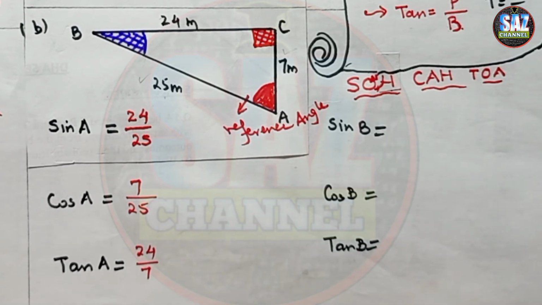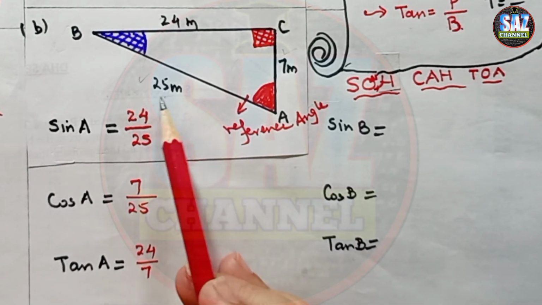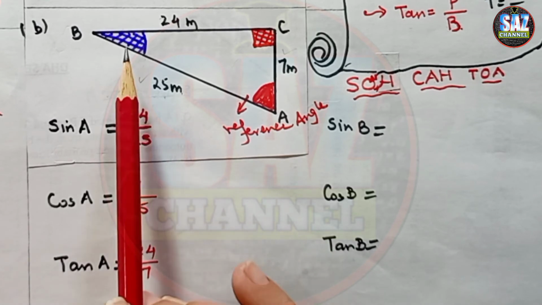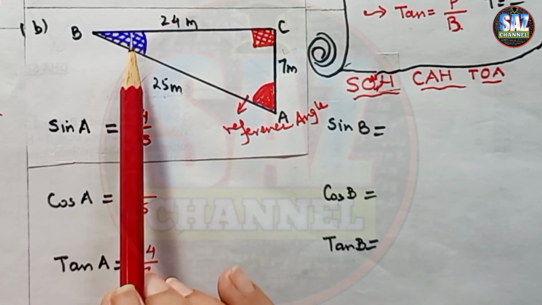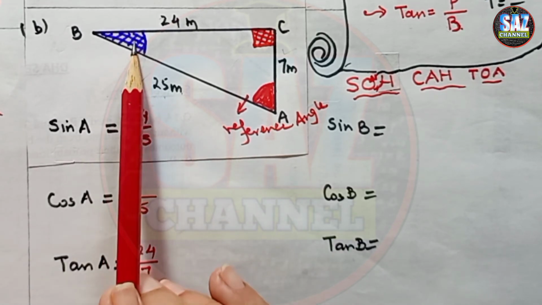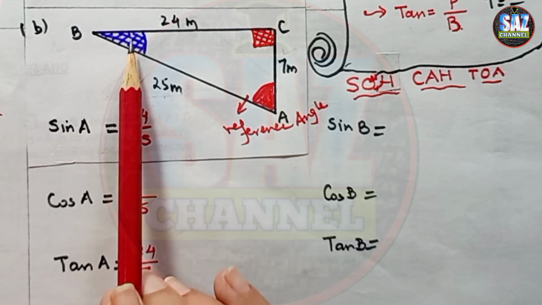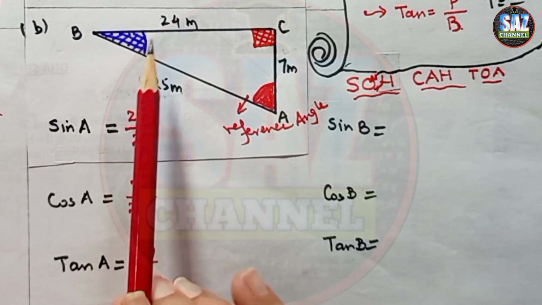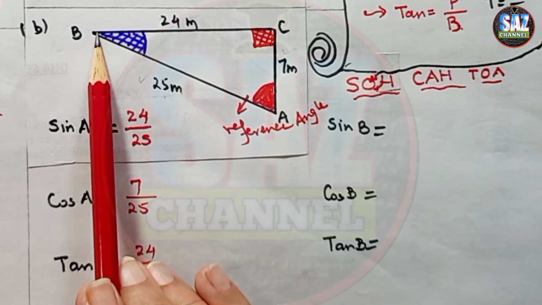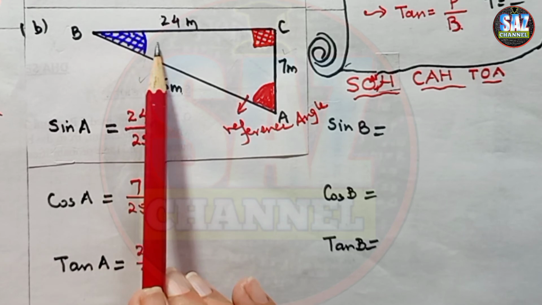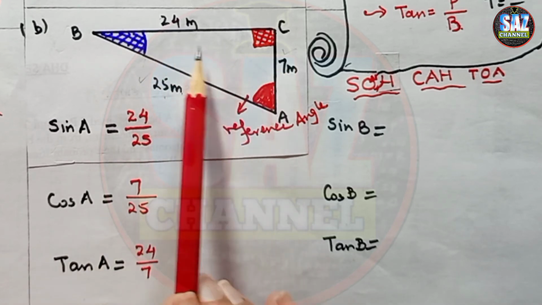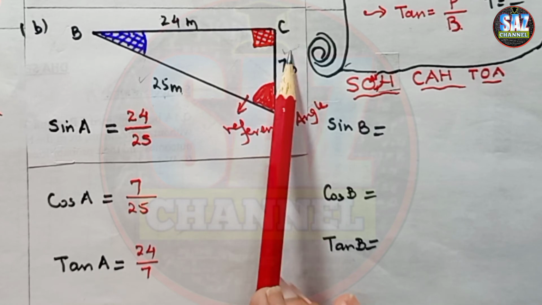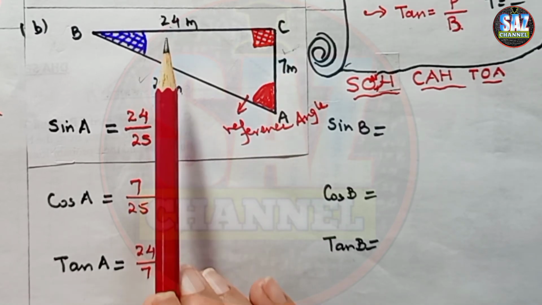So there is no discussion needed for the identification of the hypotenuse. But with the reference of angle B, it's really important to identify the opposite and adjacent because this is the point about which most students have a problem. If our reference angle is at this place, then the face opposite to this reference angle will be the height or opposite, and 24 will be the adjacent.